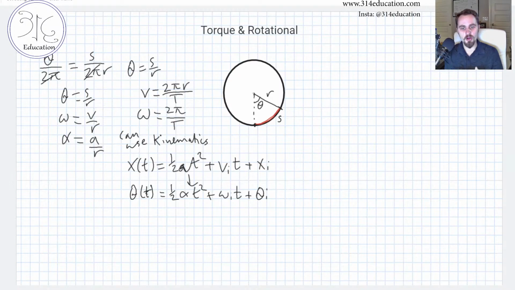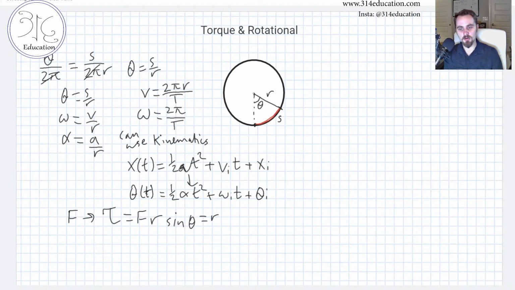And so the analogy, or the translation, so this is for our kinematics. The one for force would be torque. We can think about force being the analogy for torque, which we define as the force times the radius, times the sine of our angle theta.